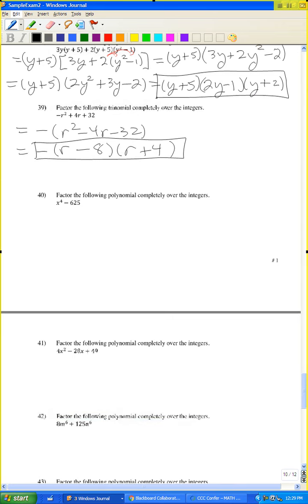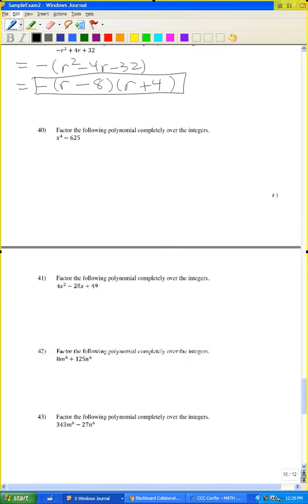Let me do problem number 40. x to the fourth minus 625. Well, luckily you have memorized your special product formula, so this is trivial. It's the difference of squares. And so this is equal to x squared minus, well, the square root of x to the fourth is x squared, the square root of 625 is 25, times the same thing except one will be plus, the other will be minus.